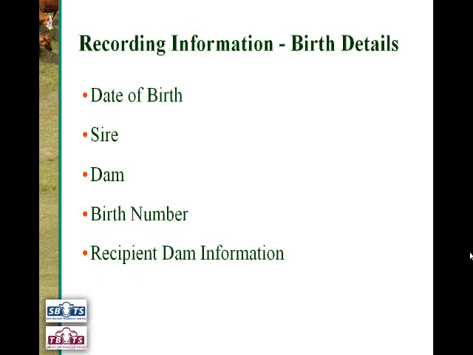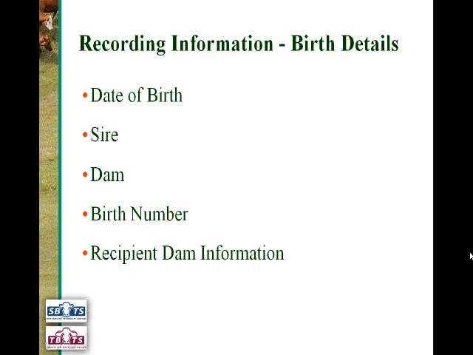The reason for that is, for ET calves that go into the system, Breedplan takes account of the different recip dam that they've been reared on, whether that be by different breeds, and so it looks at the different maternal effect that recip dam may be having on the performance of the calf when it's calculating the EBVs. So the first point of call when you look at recording the performance information, while not directly related to those EBVs, is that bit of birth information that you require.